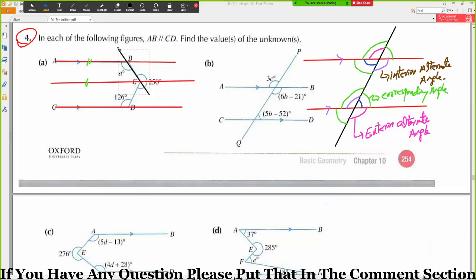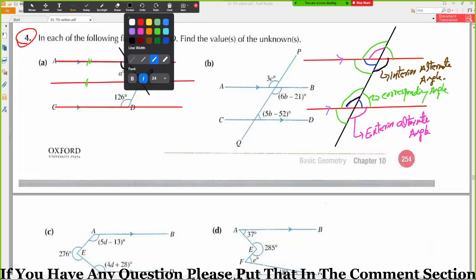So what will the alternate angles be here? These are interior alternate angles, this angle is equal to this angle. So this A will be equal to this A. This angle is given to you as A, so this will be equal to A.